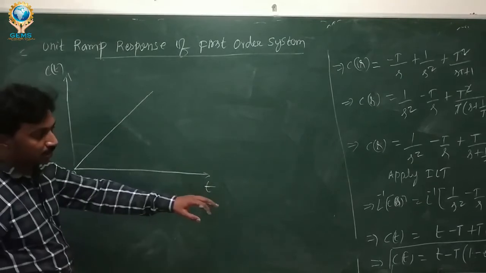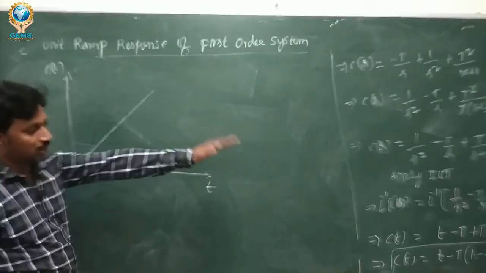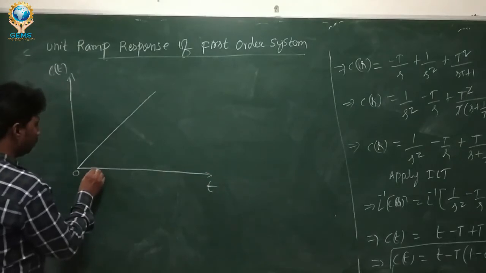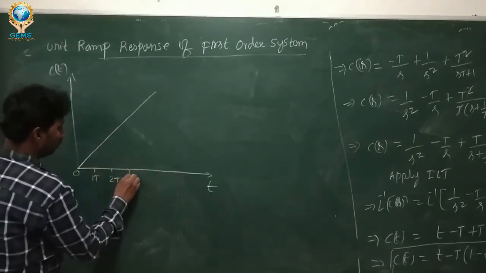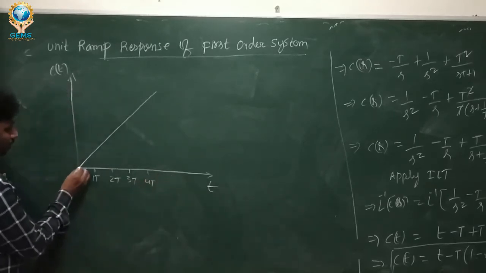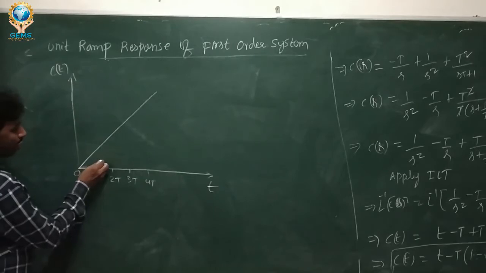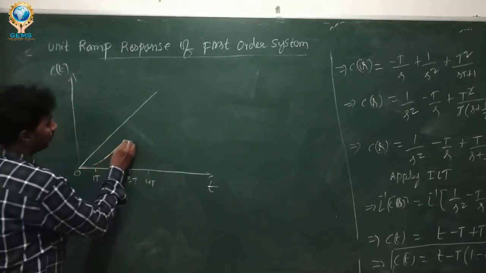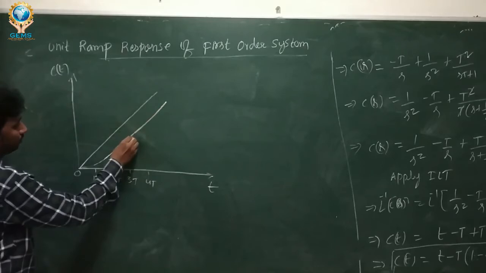After substituting t values 0T, 1T, 2T, 3T, 4T and so on, you will get the response like this.